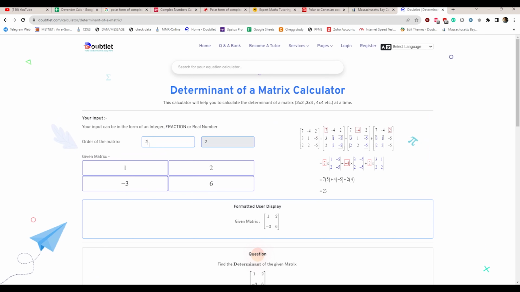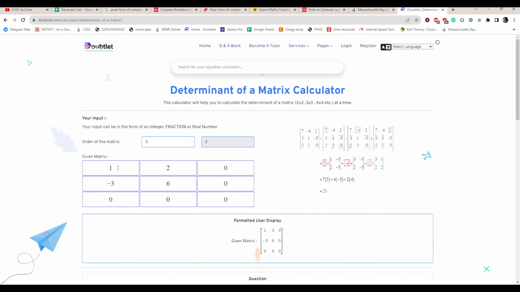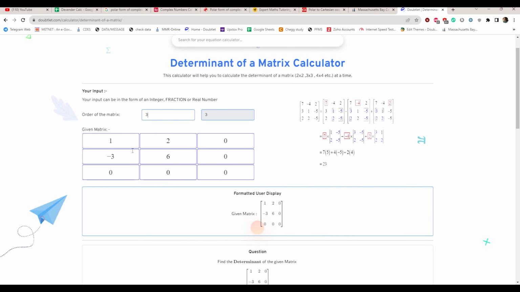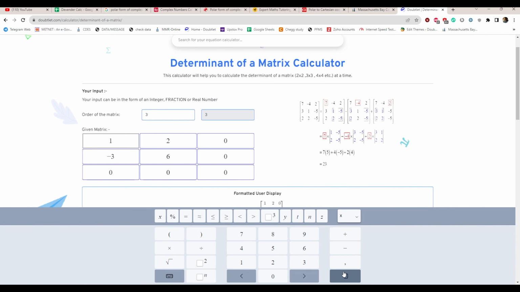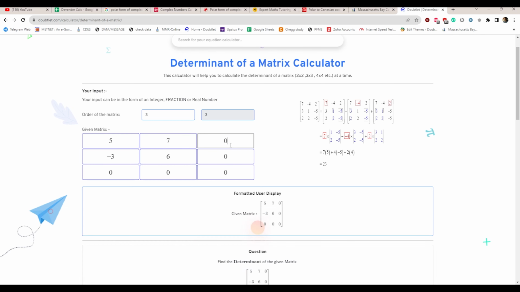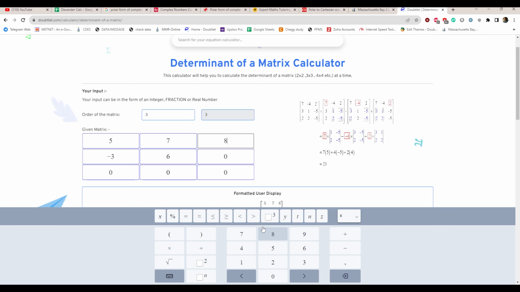Now we need to check the 3 cross 3 matrix, so we change the order of the matrix and write out the elements accordingly as we have solved. So this is 5, this will be minus 7, this is 7, sorry, this is 8, minus 8, this will be 4, this will be minus 3, this will be 6, this will be 1, 7 minus 9.